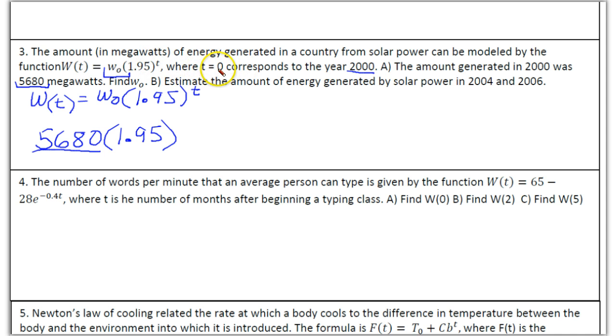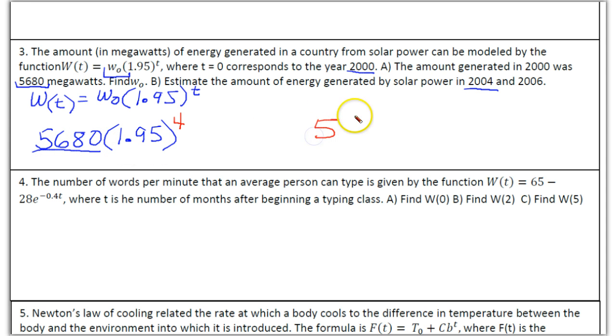Well, t to the 0 power, when t is 0, it is the year 2000. So if t is 0 at 2000, what do you think it's going to be at 2004? And if you said to the 4th, that is correct. And you're going to write this same thing again.